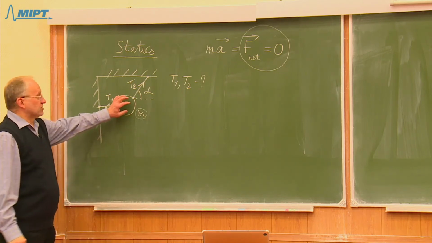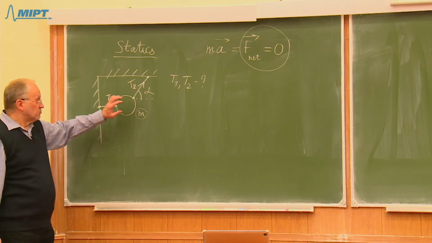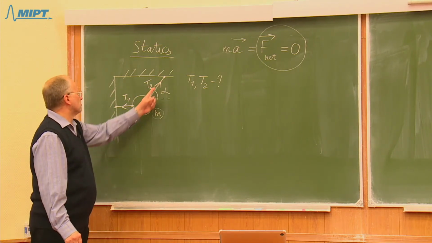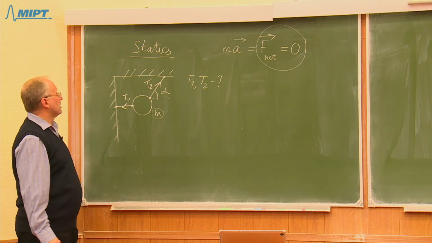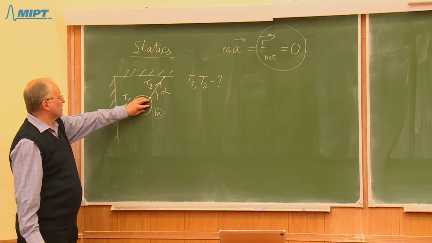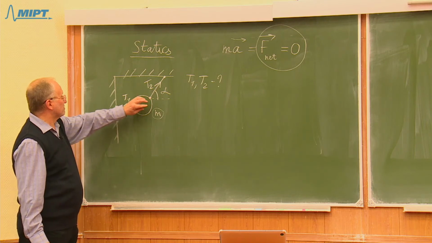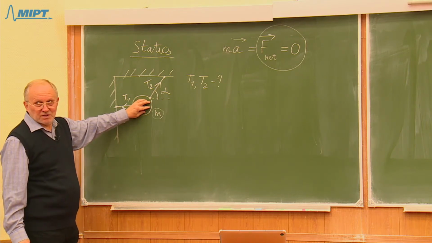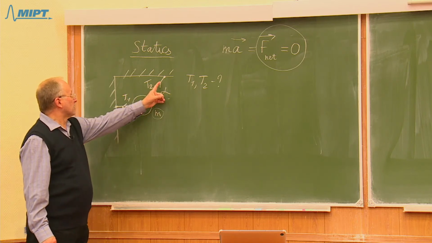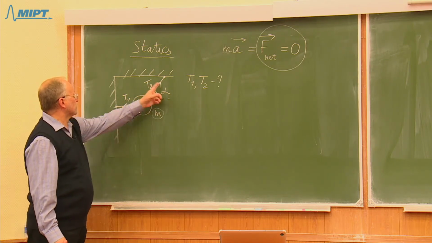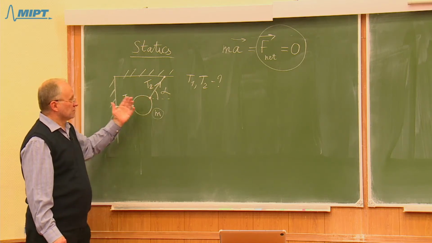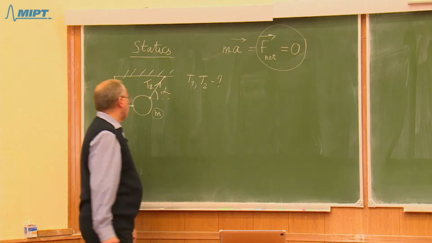So the body is at rest, but it's suspended on two threads or on two strings. So the static condition of this body, the fact that it does not move, is due to certain value of these two forces and certain magnitude of these two forces, and we have to find this magnitude.